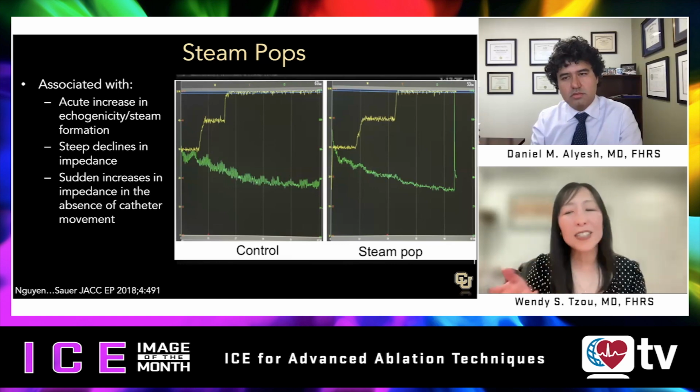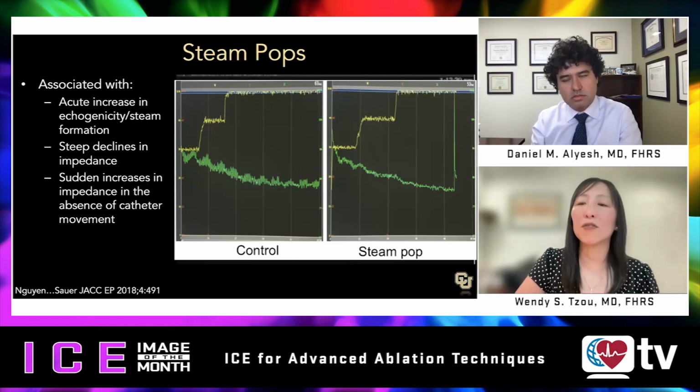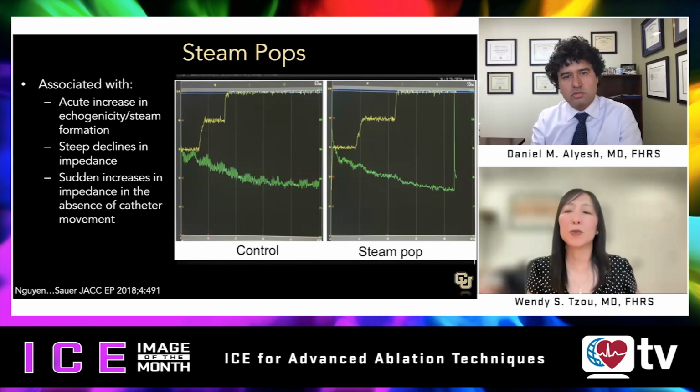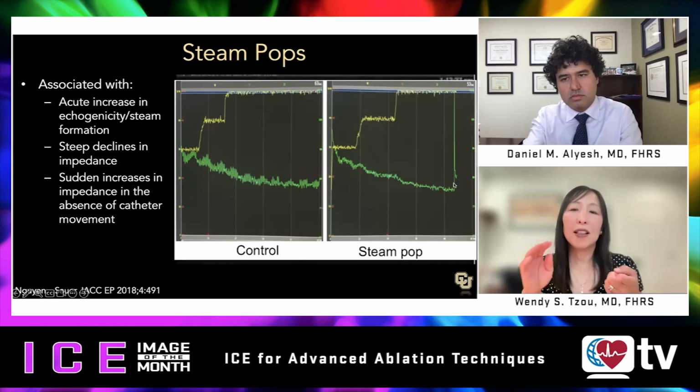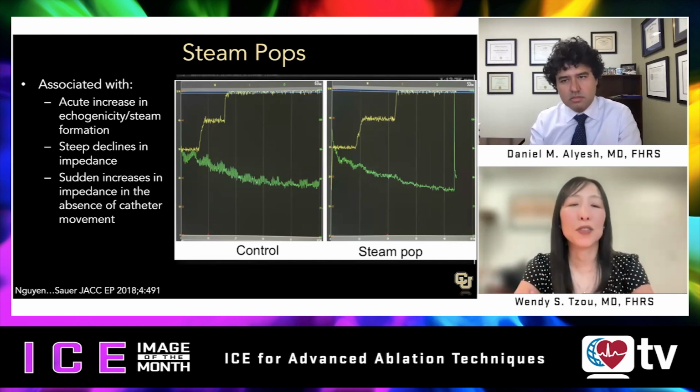You continue that and you get a very, very sharp increase, which correlates with a marked increase in impedance due to lack of tissue contact, introduced by gas that's formed and basically interrupted the connection within the circuit.